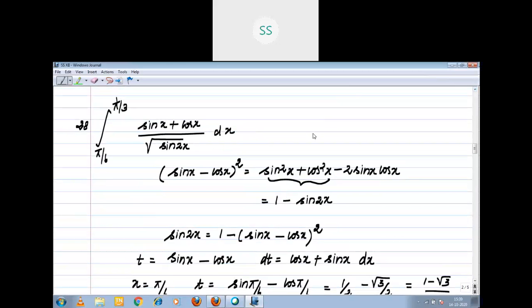Then sin 2x equals 1 minus (sin x minus cos x) the whole square. Based on the numerator, I assumed this. I took a conjugate of the numerator, then I squared it. What I wanted, that I arrived at the end. Thank you, children. You have to go through this.